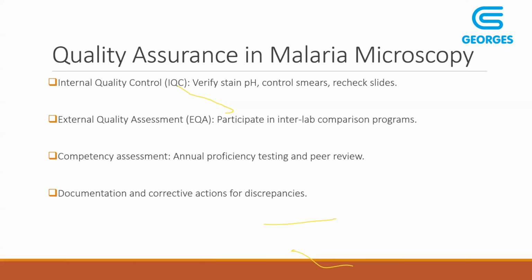You can also do rechecking of slides or getting a second review. And then we also have other methods like external quality assessment and interlab comparison programs. This one really helps you in competency of staff, and it really helps in checking how you can accurately identify and quantify malaria parasites.